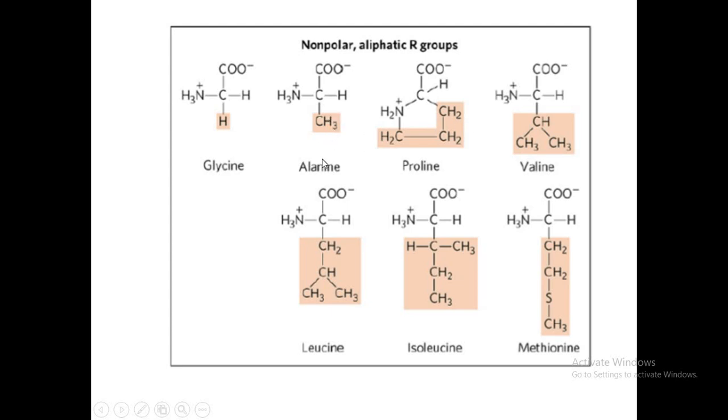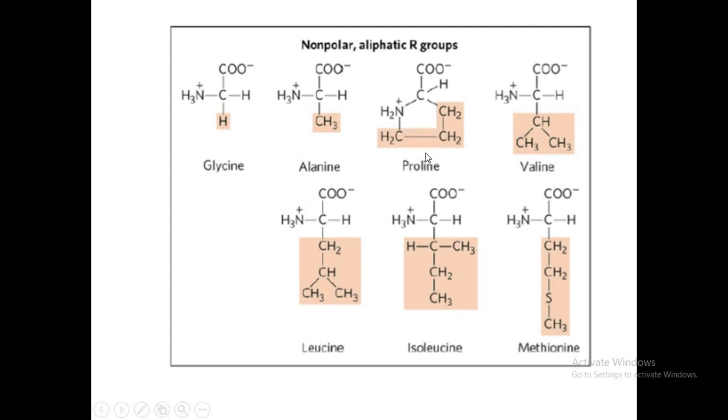So here we can see that alanine has a methyl group, and it is also non-polar because it cannot make bonds with water. So it is non-polar. In this class we have glycine, one of the simplest and smallest amino acids. Proline has an aliphatic side chain that is present in cyclic form.